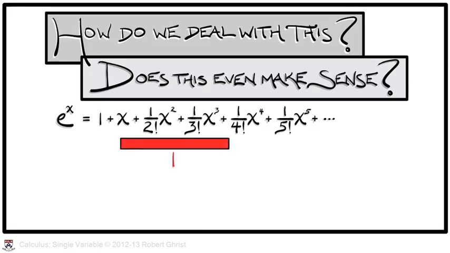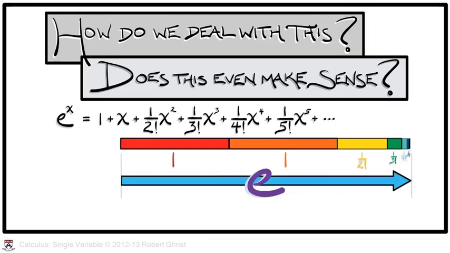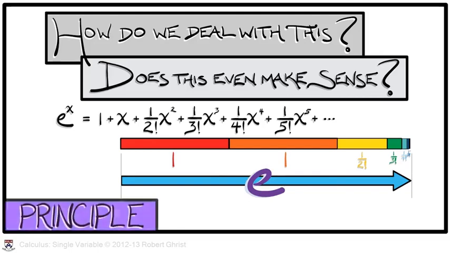Well, certainly for specific values of x, say x equal to 1, we could try to compute what e to the 1 would be as 1 plus 1 plus 1/2 plus 1/6 plus 1/24, etc. It seems as though this converges to the familiar decimal expansion for e that we know.